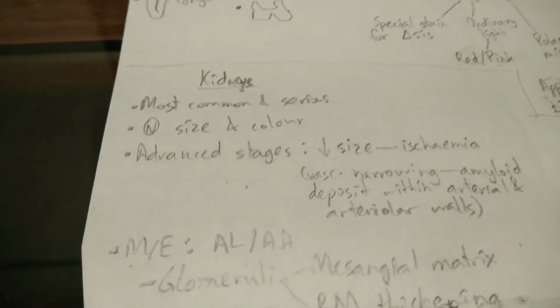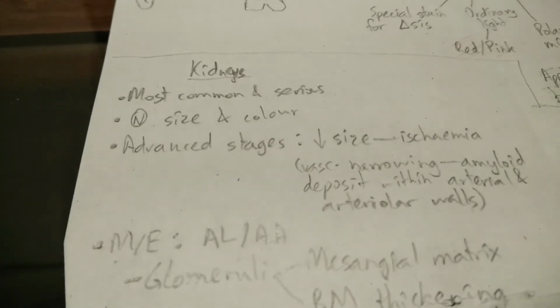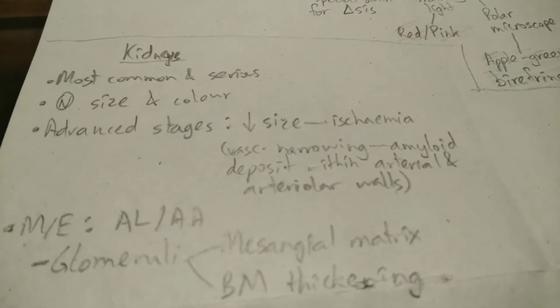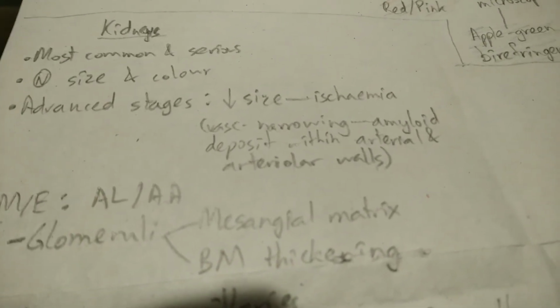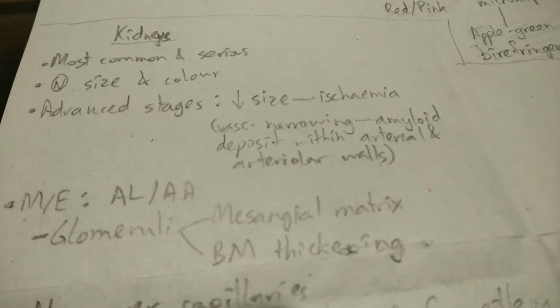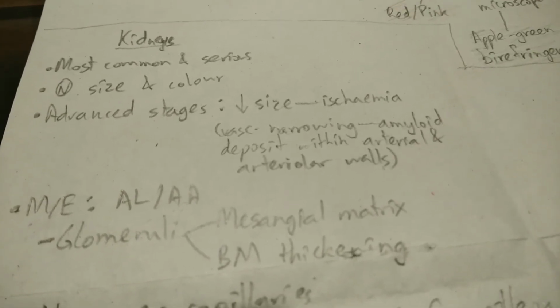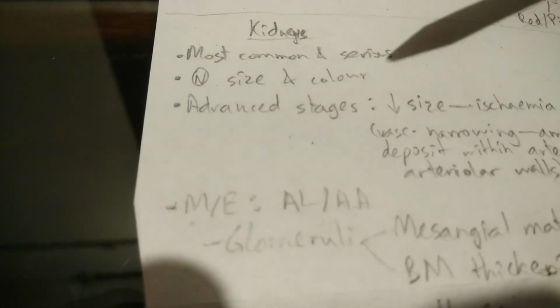Only in the really late, advanced stages do you find a decrease in size. This is often because of ischemia, and you find vascular narrowing because amyloid deposits are seen within arterial and arteriolar walls of the kidneys.